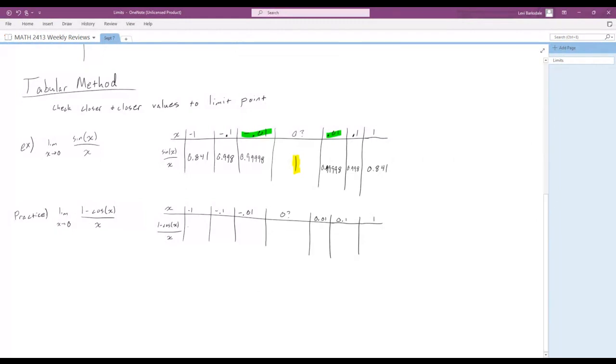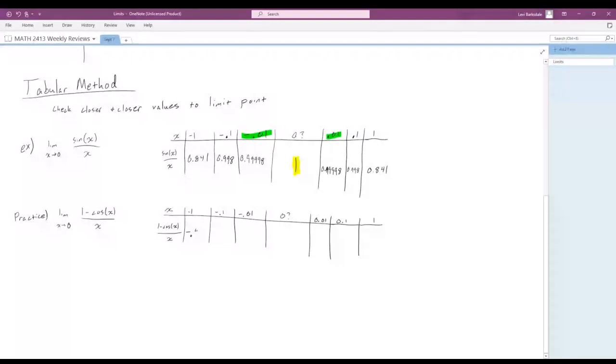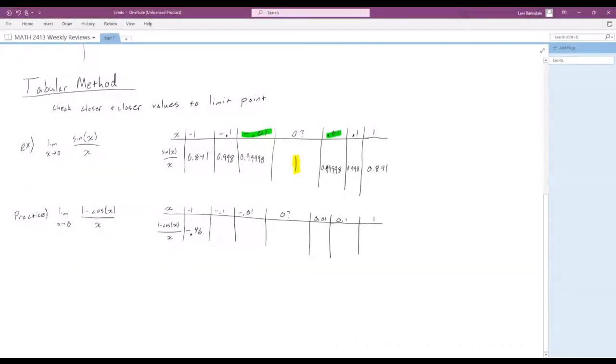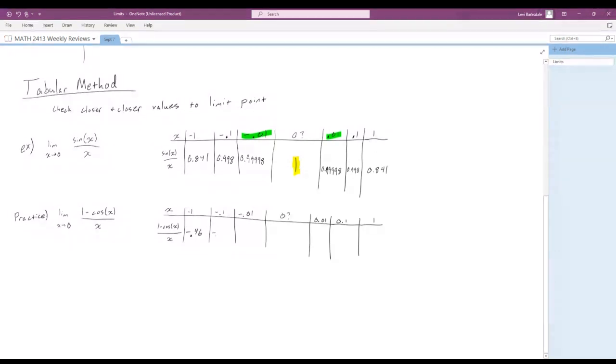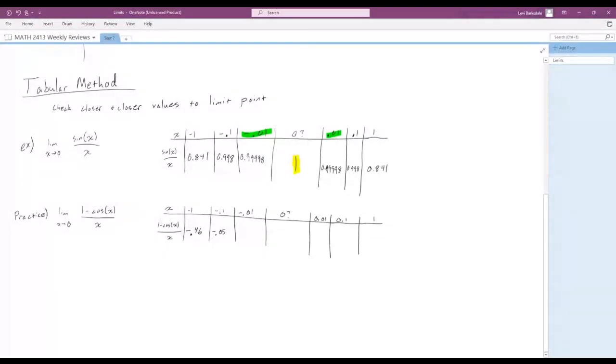Negative 1 is negative 0.45 or 0.46. Perfect. That's good enough. The next one is negative 0.05. I don't know how many decimals.